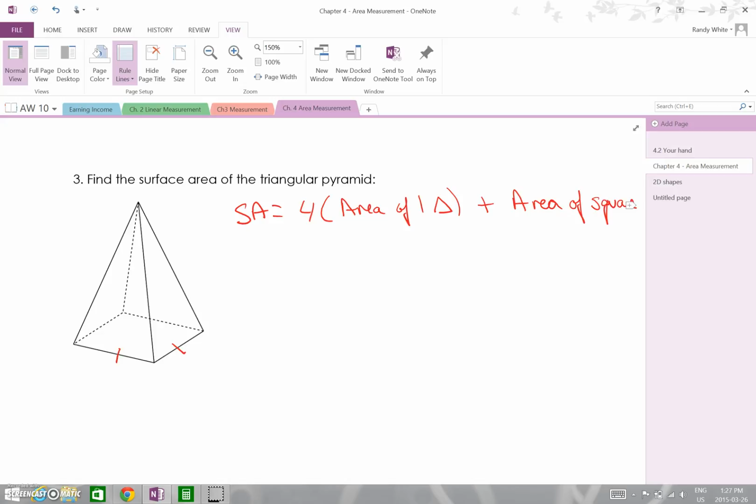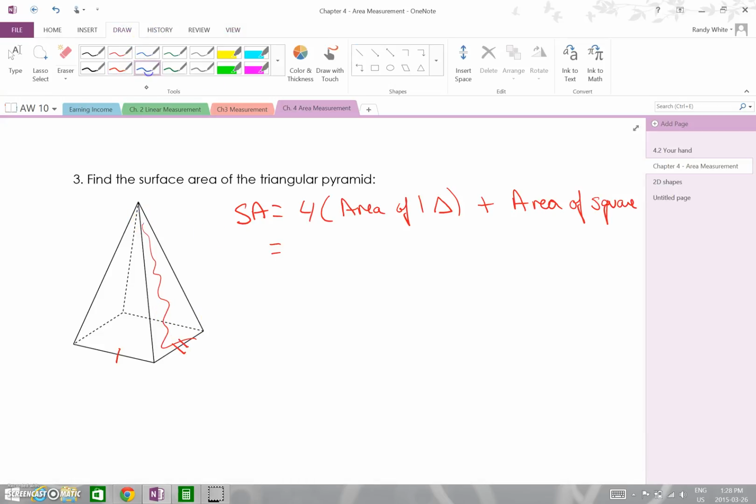Okay? If it's a rectangular pyramid, like that, the bottom is a rectangle, each triangle is going to be a little bit different. And so therefore the area of this triangle will be very different from the area of this triangle.